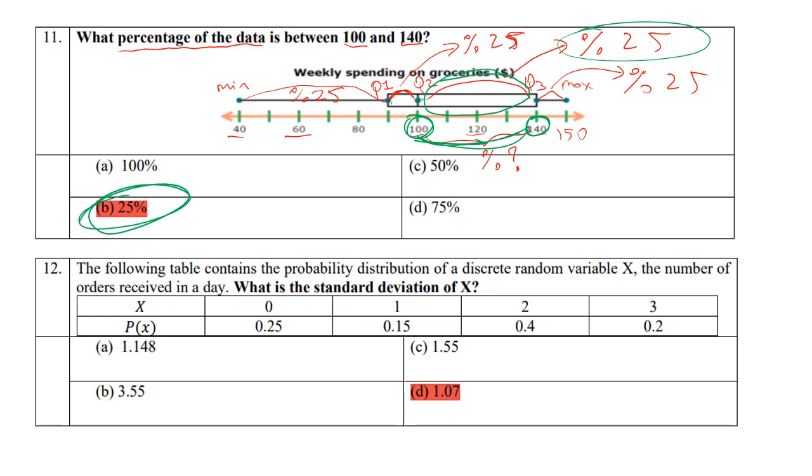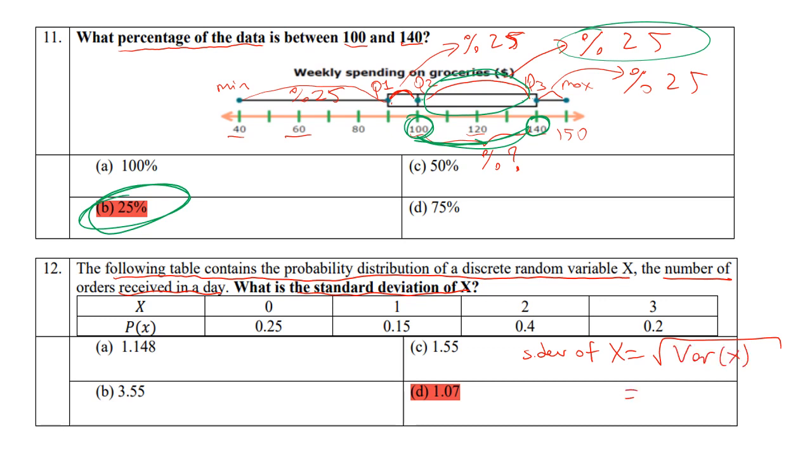Now, let's look at here. The following table contains the probability distribution of the discrete random variable x, the number of orders received in a day. What is the standard deviation of x? If you remember the formula, the standard deviation of x is the square root of the variance of x.